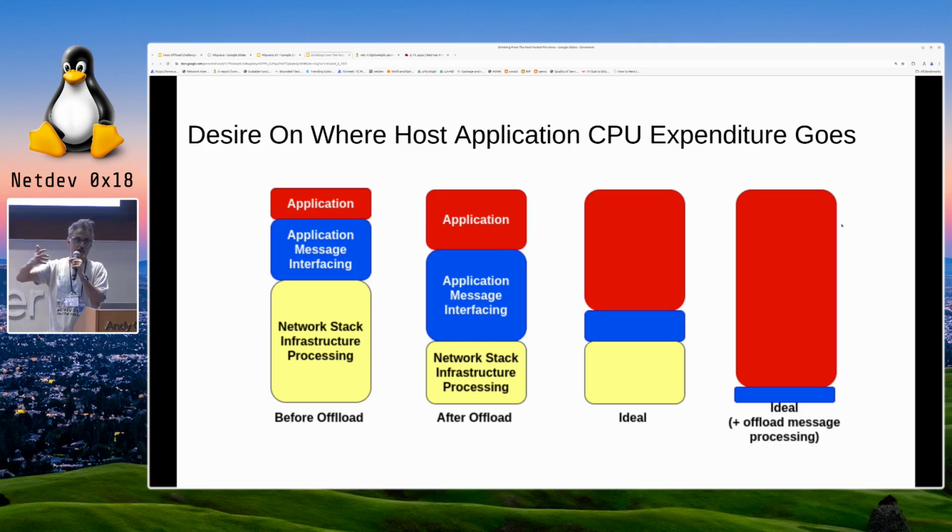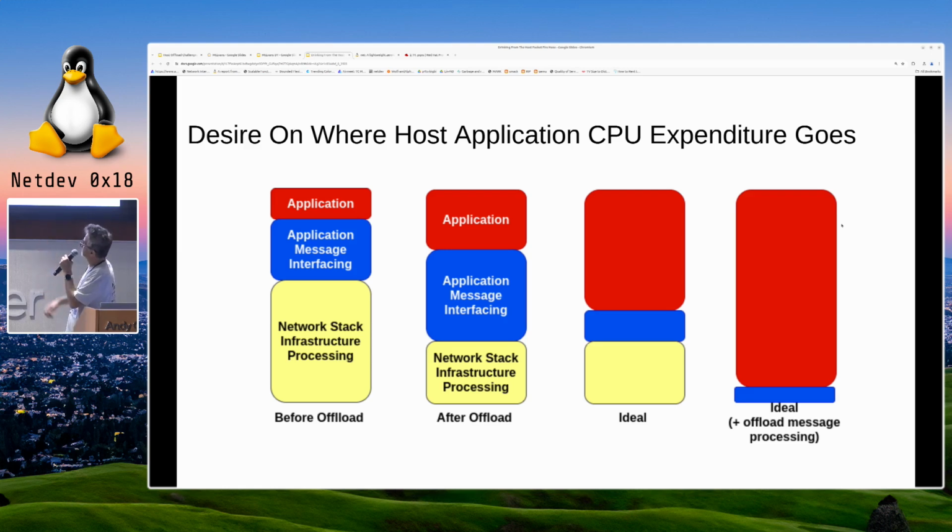There are niches out there that care more about one; others, like the big cloud vendors, probably care only about the host side of things, right? So they may have no need for ACLs. But after you offload the ACLs, you see the yellow goes down. The application, which is the most important piece, gets more value out of the CPU cycles.